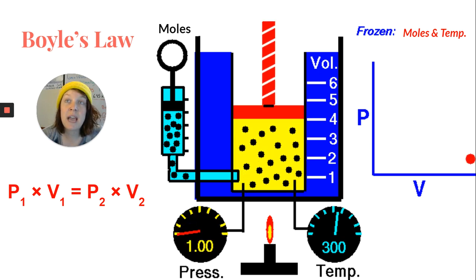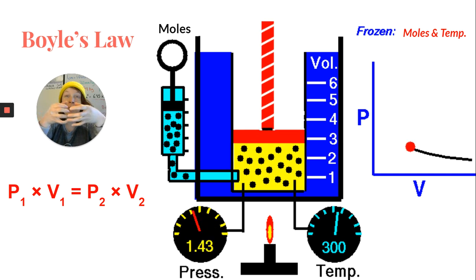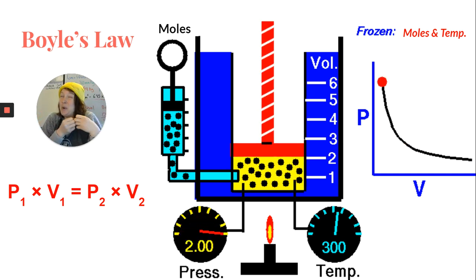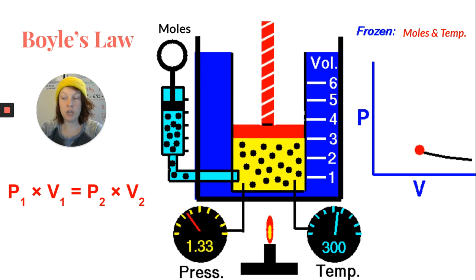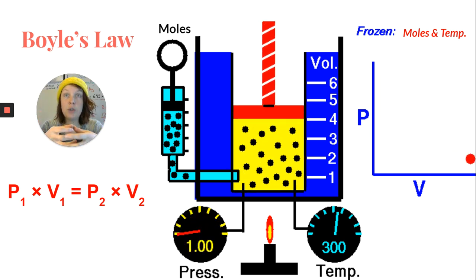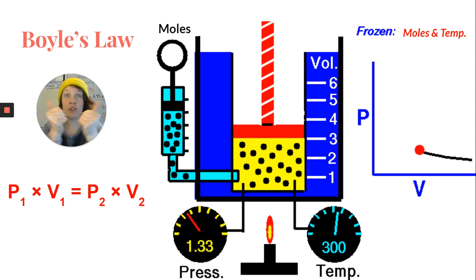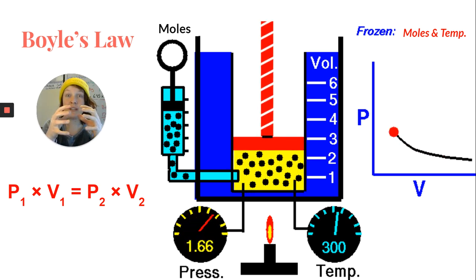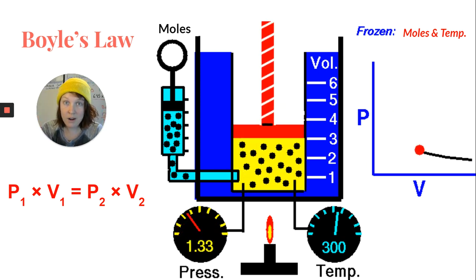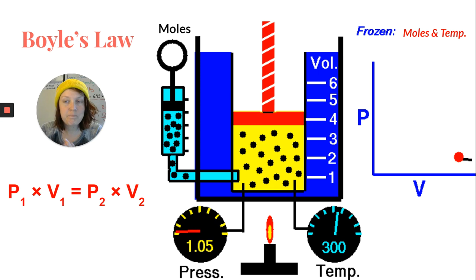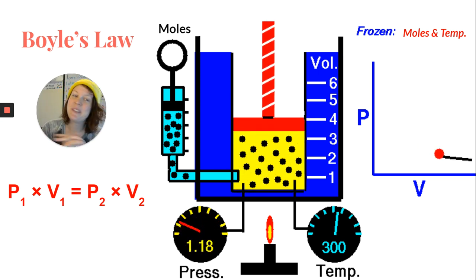You can think about this as if you're holding a balloon and you start squeezing it. You're decreasing the volume of the balloon, and so all the particles are pushing on the insides of the balloon, increasing the pressure inside, which eventually, if you squeeze it too hard, is going to pop. So Boyle's Law is the reason why you don't like squeezing balloons too tightly.